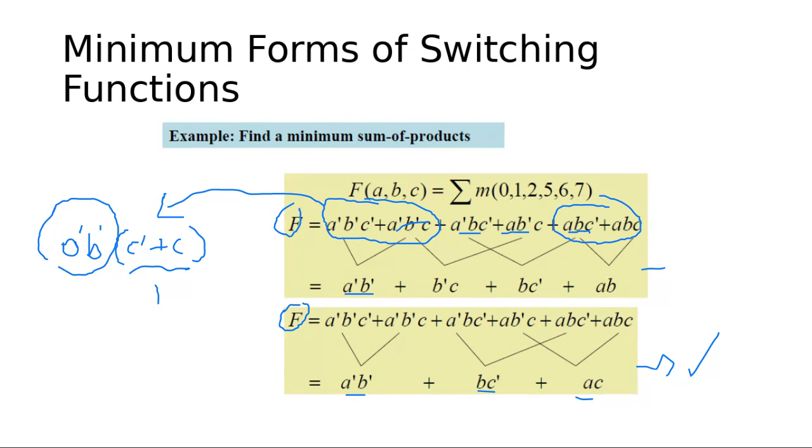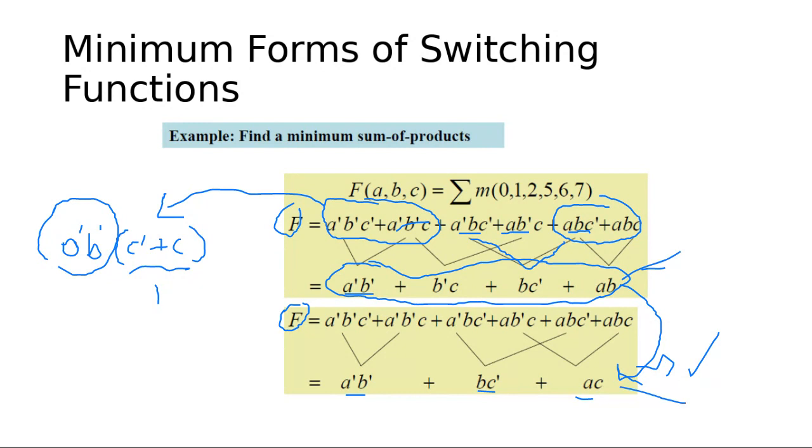We don't know. The answer is the same, by the way. This expression is equal to this one. The answer is always the same. It does not change. So which one do you prefer to use? You prefer this one, right? Because this is simple.